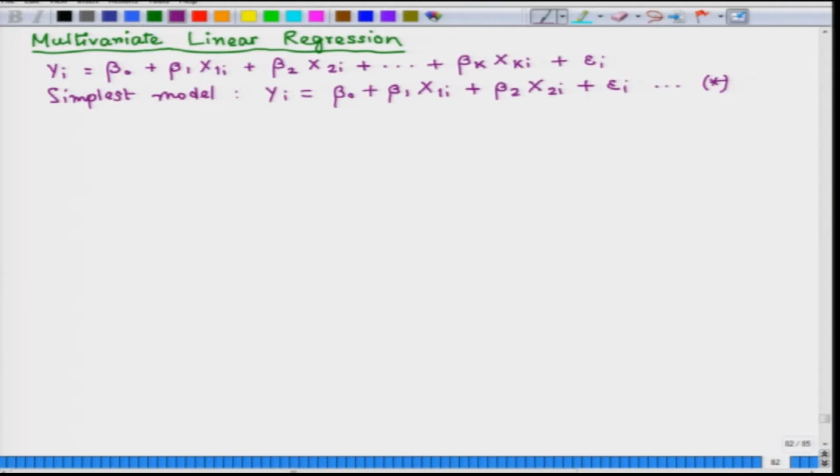So, first thing that I would like to note here is the following: what would be the interpretation of these coefficients in a multivariate linear regression model.